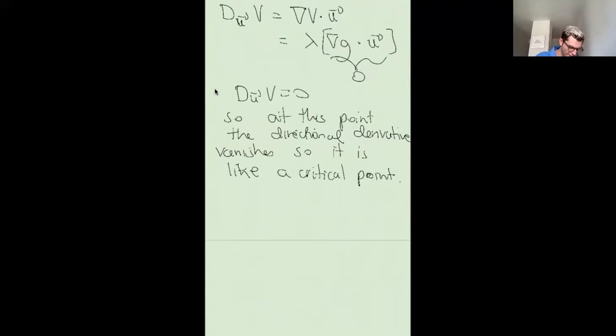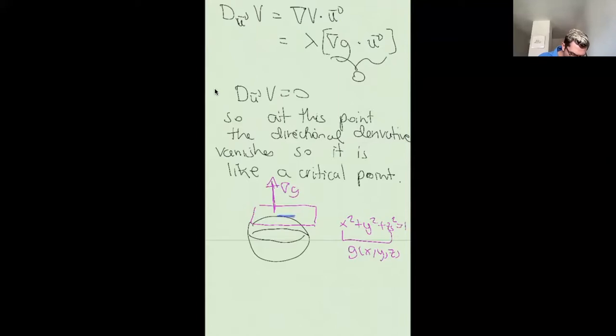For example, if you had the sphere, where now x squared plus y squared plus z squared equals 1, this is g. Here's the gradient of g on the sphere, and U would be any vector that is along the sphere, any vector that you can use to move along the sphere.